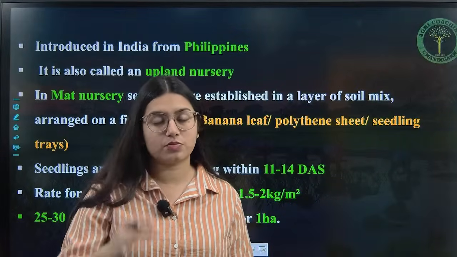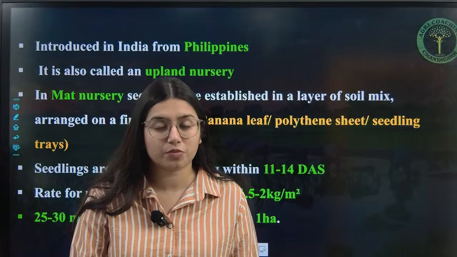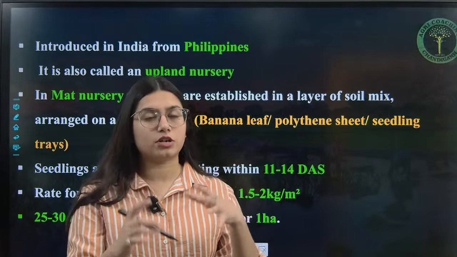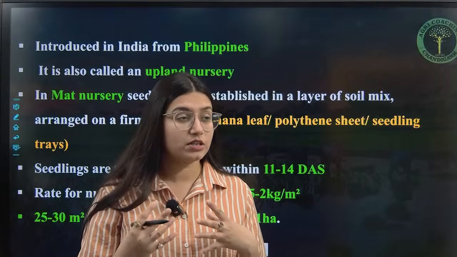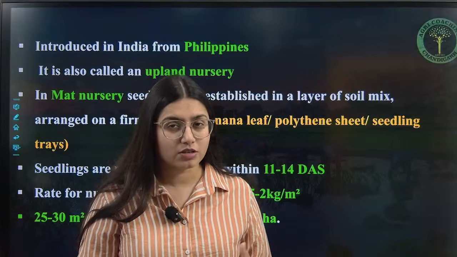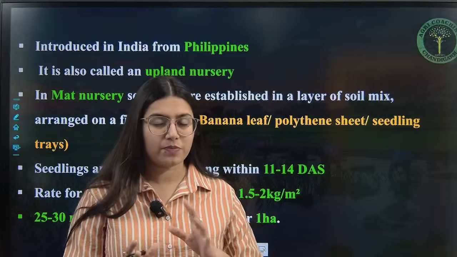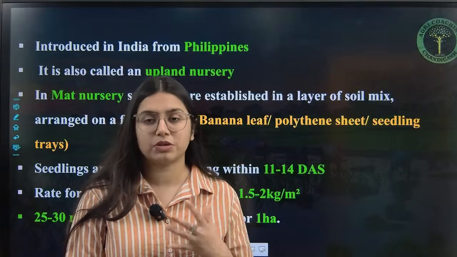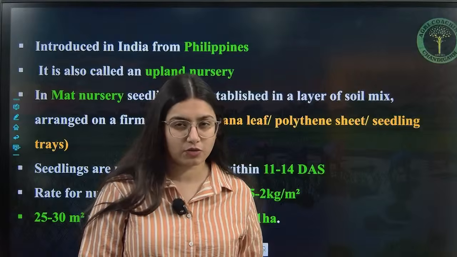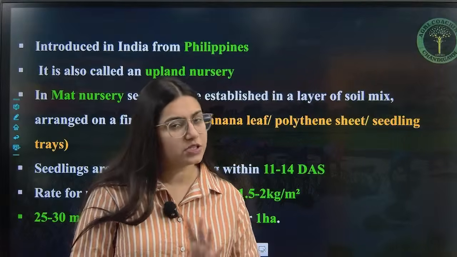So in the Depog method, we use a mixture in which we take the soil, the husk in powder form, and we add manures. Then you have to use a plain surface, and that plain surface could be banana leaf, polythene sheets, or cemented floor as well. But yes, banana leaves are good to go.